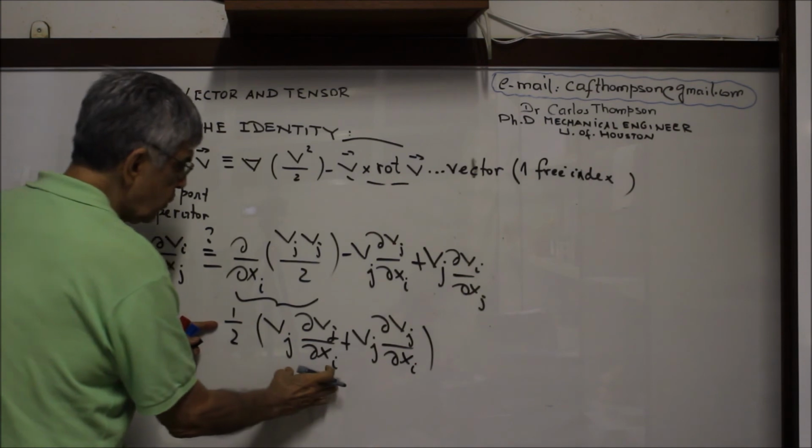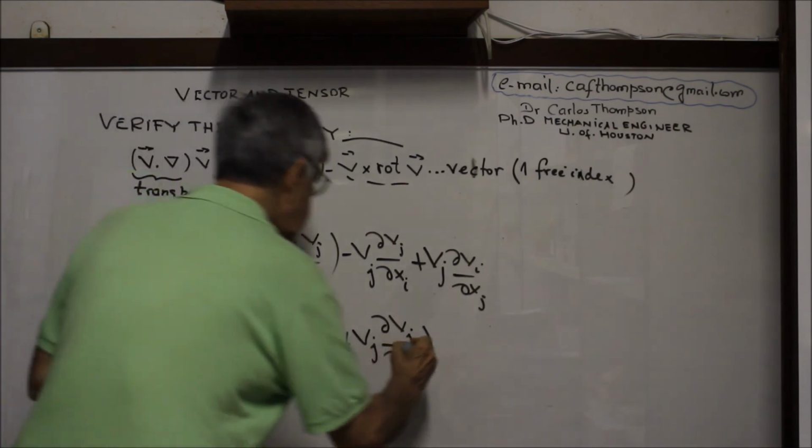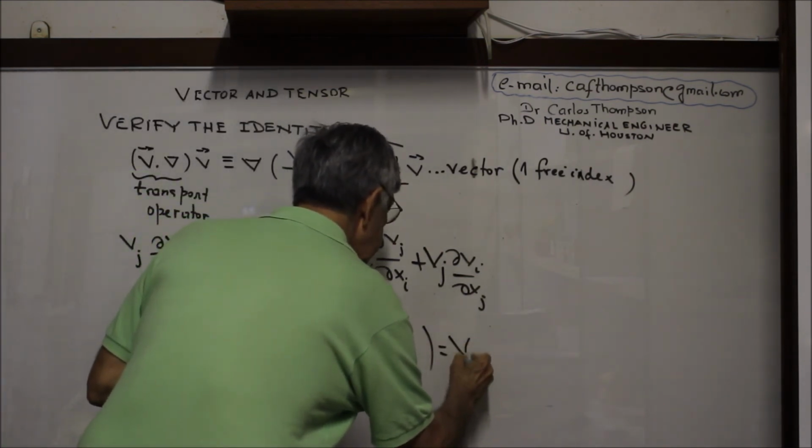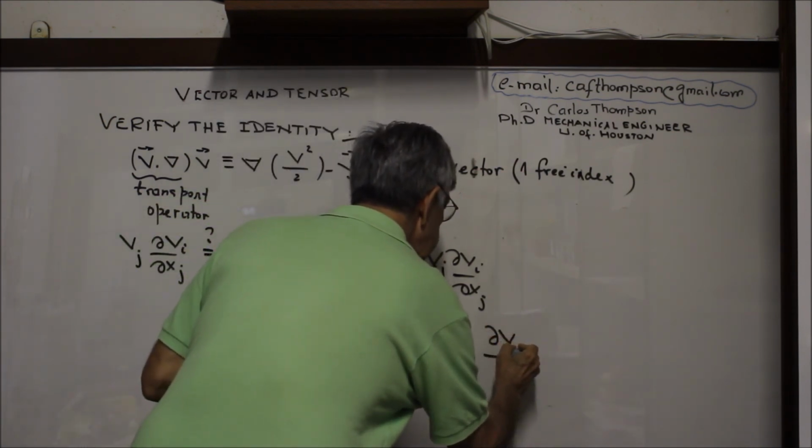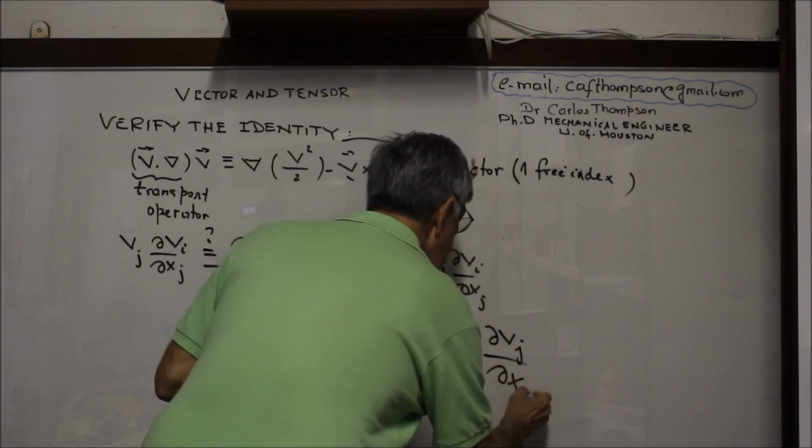So 1/2, this by this is 2, so this will be Vj partial of Vj with respect to xi.